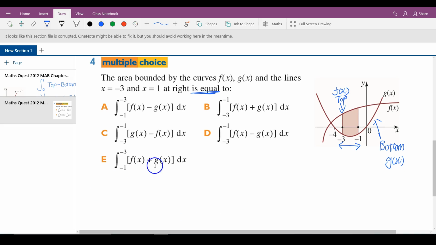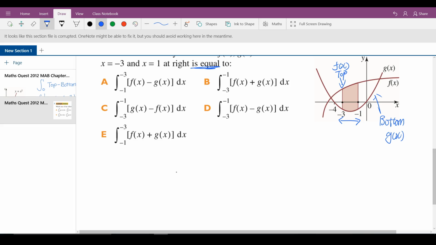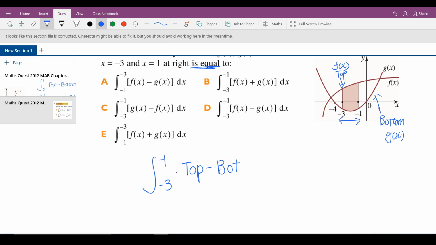All right, so let's write down the correct expression. So the correct expression is from negative 3 to negative 1. And then it's top minus bottom, and then integrate with respect to x.